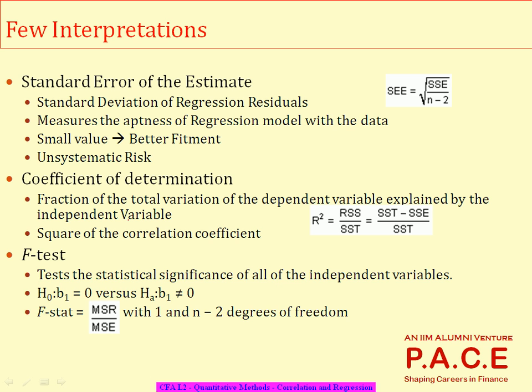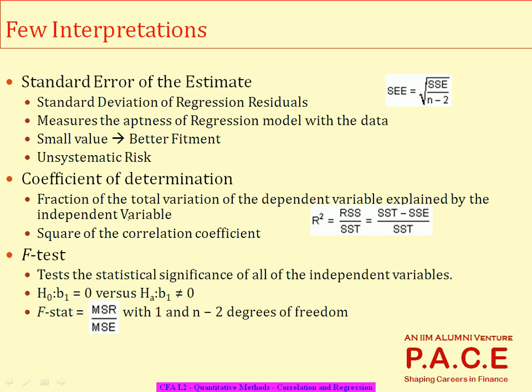So the residual sum of squares divided by 30 gives me my mean sum of squares. The square root of the mean sum of squares is nothing but the standard error of the estimate. So again, all these links need to be clear.